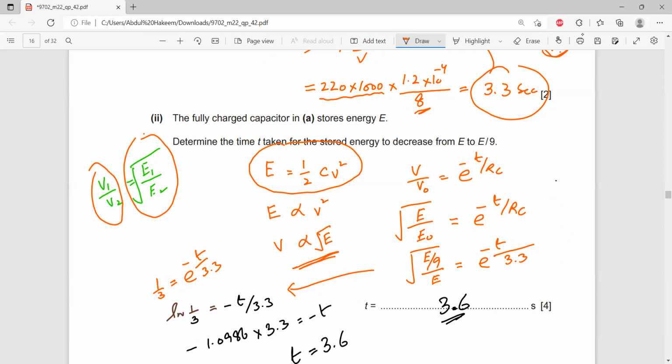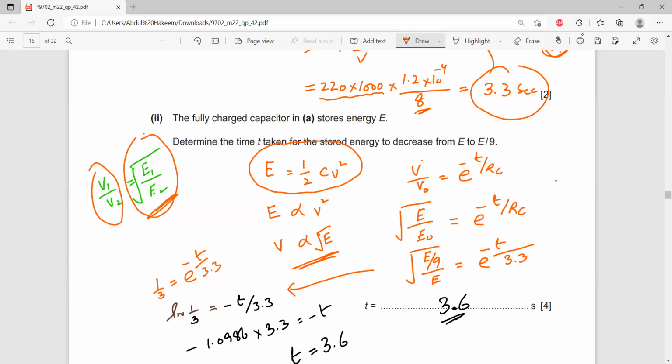So the ratio between the voltages is equal to the ratio of the square roots of the energies. The actual formula for the partial discharging of the capacitor is V over V naught equals e to the power minus t over RC. This RC is the full discharge time. So this ratio V over V naught can be replaced with the square root of E over E naught.